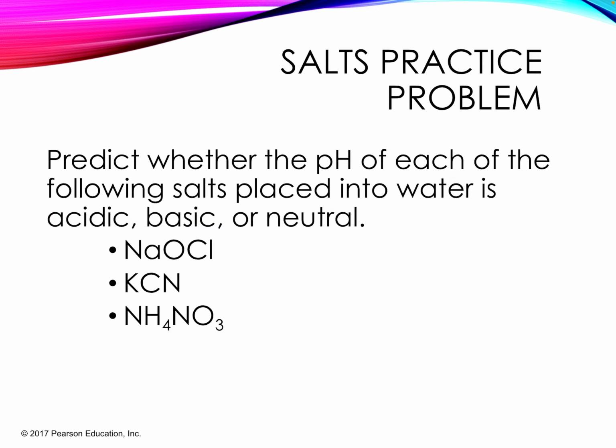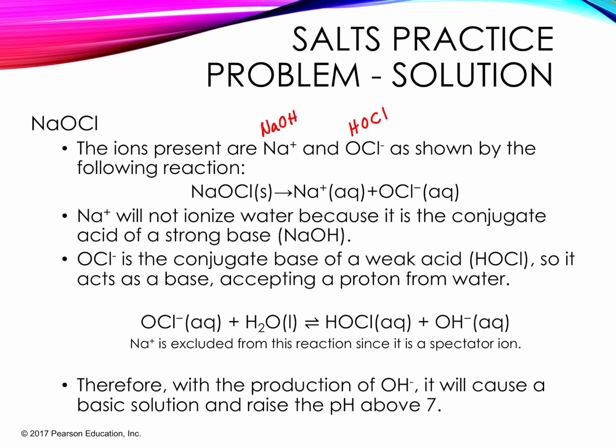So if we look at the first one, we can break those apart. Na+ is going to come from our strong base, sodium hydroxide, but this will come from a weak acid. Since we have our cation from a strong base, that is not going to affect the pH, but we have an anion from a weak acid.